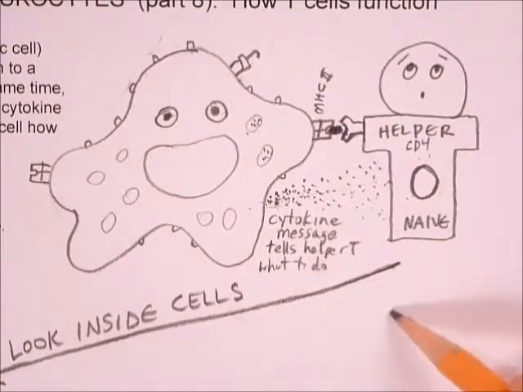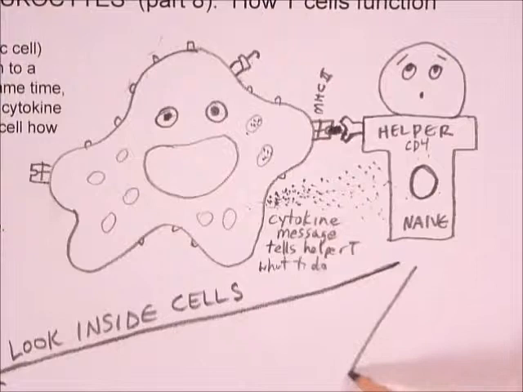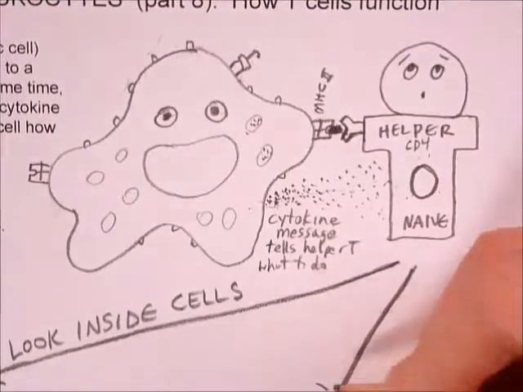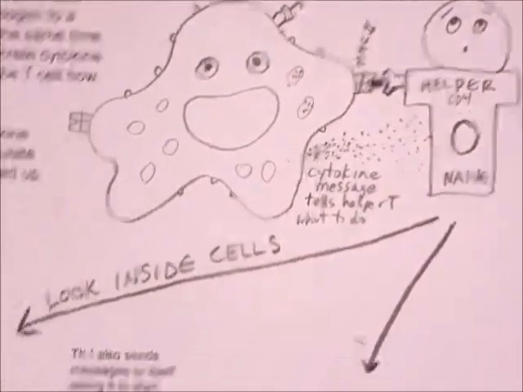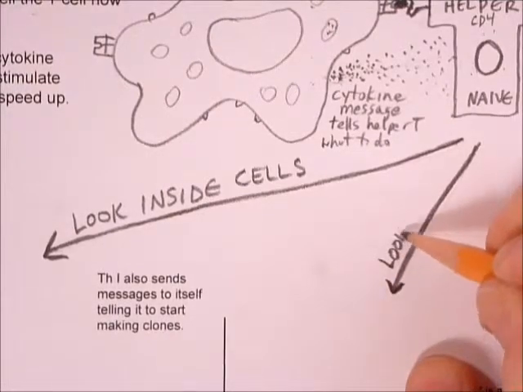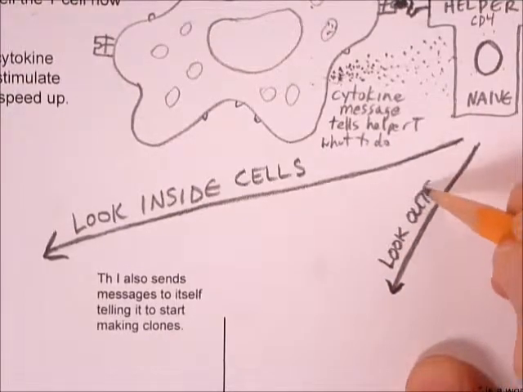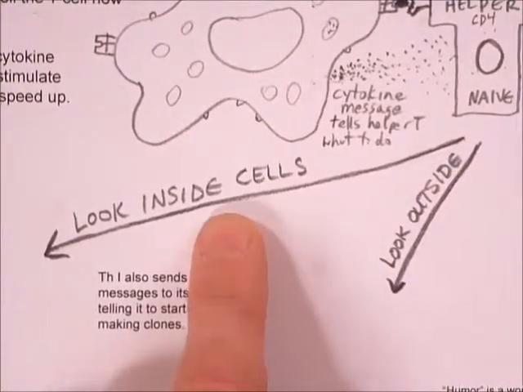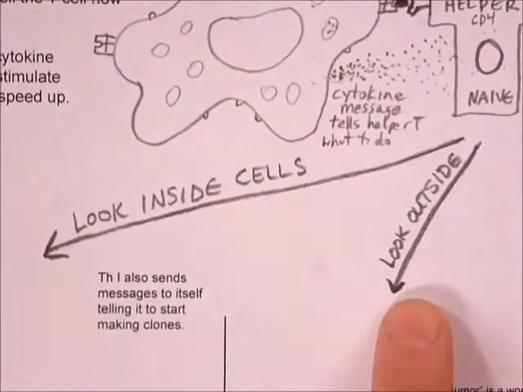And the option that's going to go down here, this option is going to say, let's see if we can see, sorry, I'll move the paper up here, okay? Look outside. So this is look inside the cells and look outside.